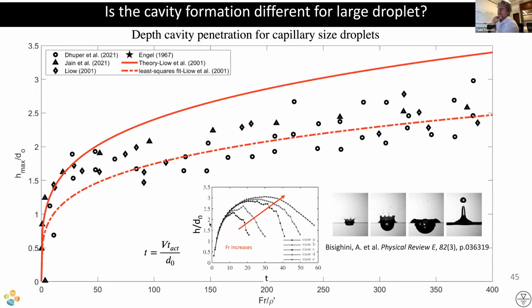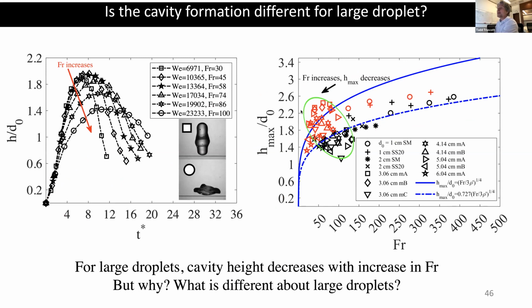What's interesting, though, is if you take that same H max as a function of time, what you see is that for every different case, so you're increasing the diameter, let's say, or the Froude number here, as Froude increases, the depth of penetration increases. And so that's what we would expect to happen if we keep making larger and larger droplets. But what we see on the right here is our data.